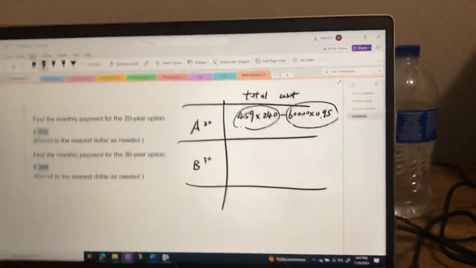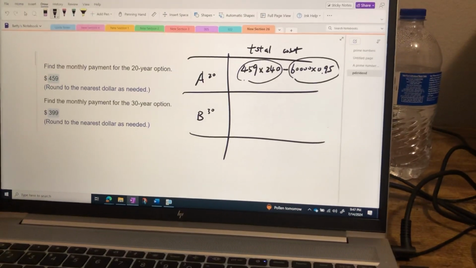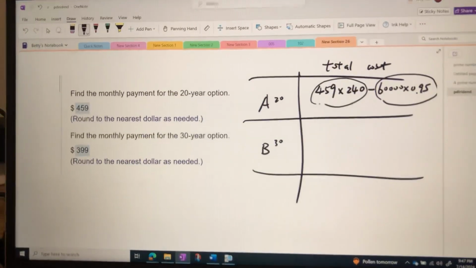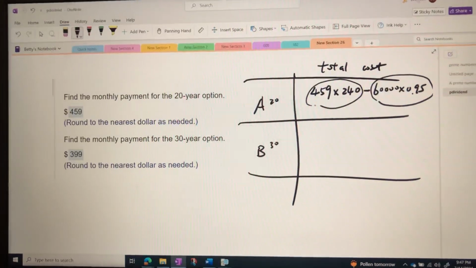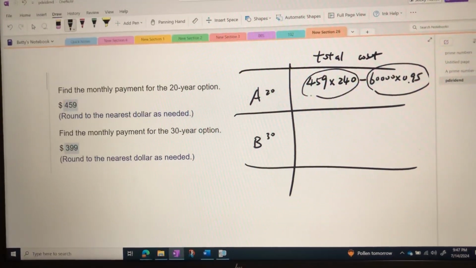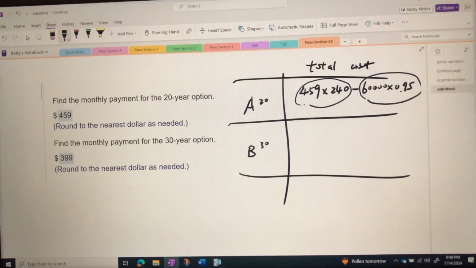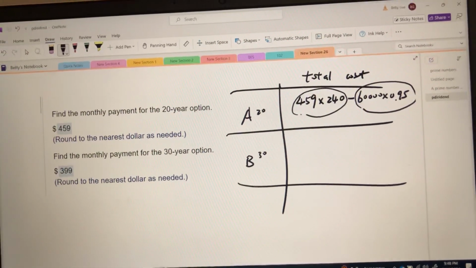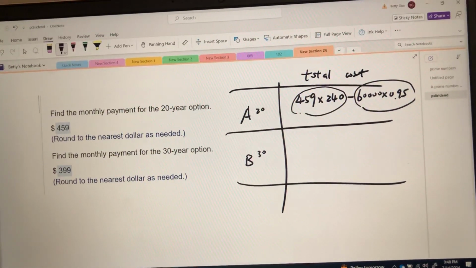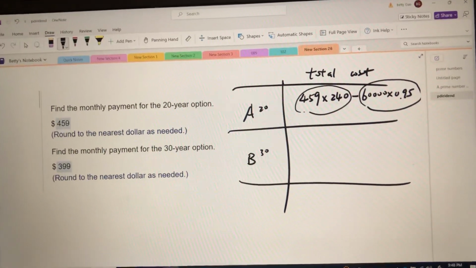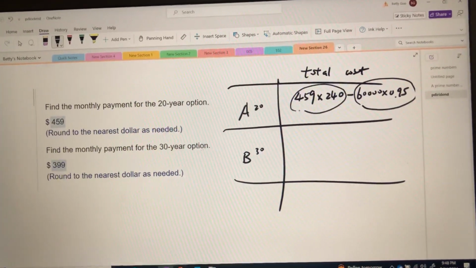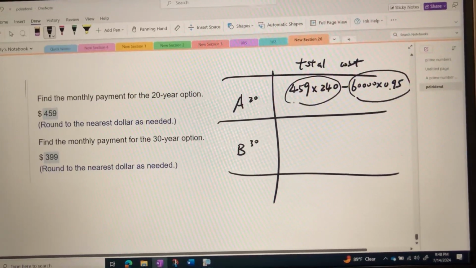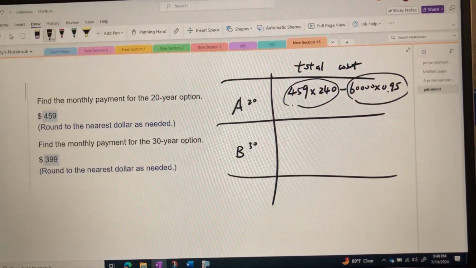I'm going to do that on my handheld calculator. You can do this on your calculator, so I don't have to go back and forth to switch. So 459 times 240 minus parentheses 60 grand times 0.95.